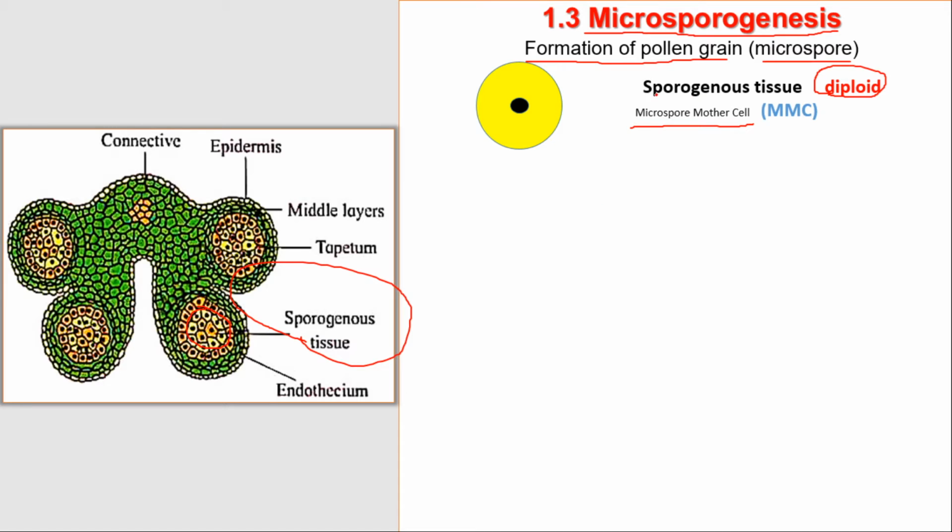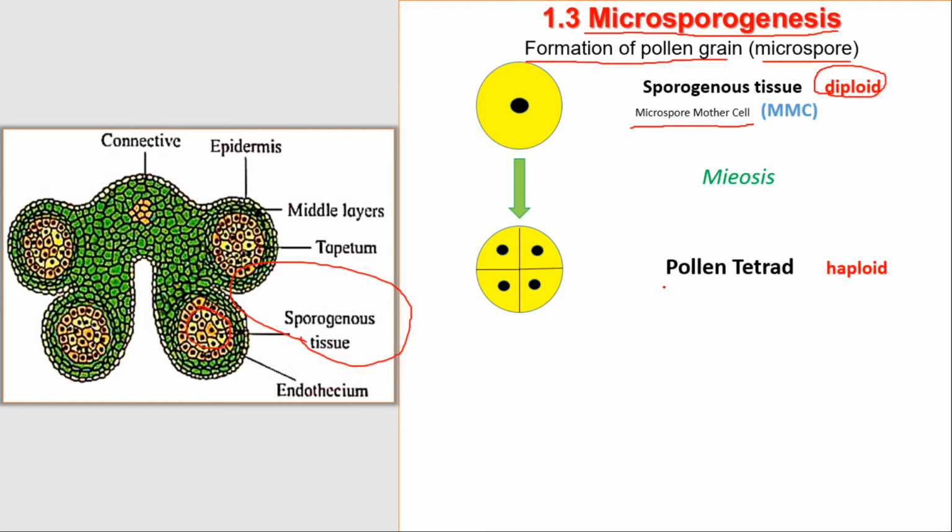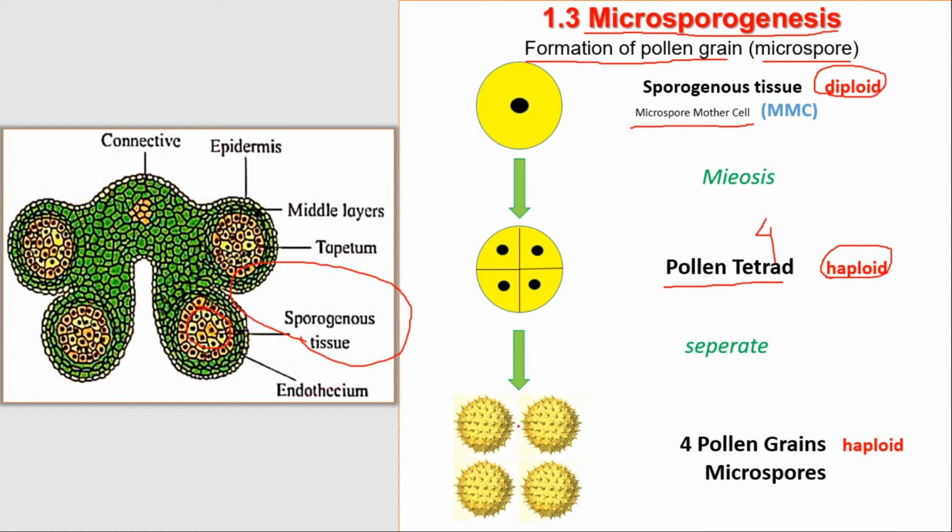In this diploid sporogenous cell, meiosis occurs, and due to this meiosis, a pollen tetrad is formed, which is haploid in nature. The pollen tetrad gets separated and there is formation of 4 pollen grains, which are again haploid in nature.